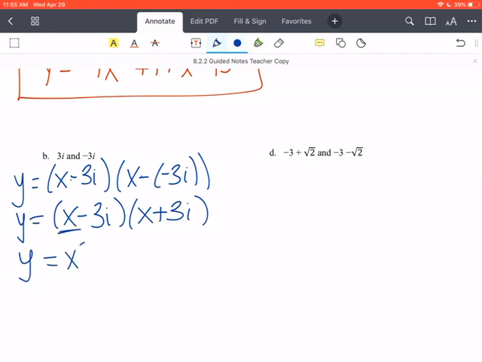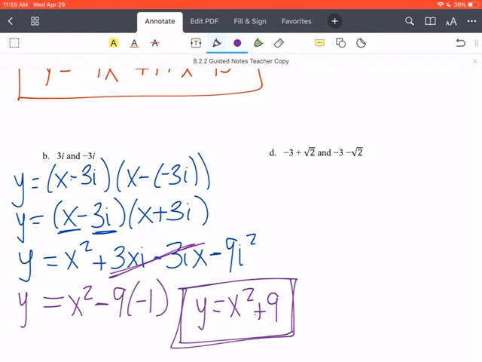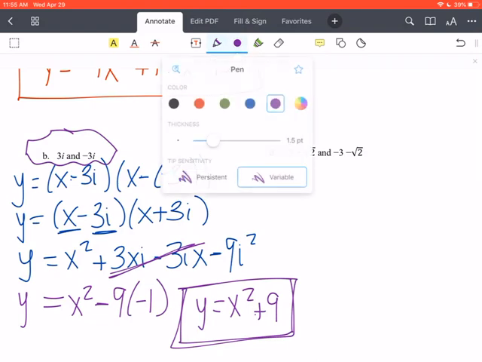So x times x is x squared plus 3xi, and then distribute your negative 3i, so negative 3ix, and then minus 9i squared. So we now have these cross out, and we get y equals x squared and then minus 9 times negative 1. So y equals x squared plus 9 is our quadratic that, if you use quadratic formula, would give these complex numbers as the roots.